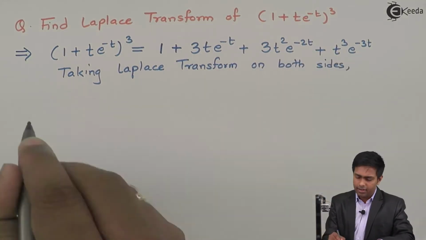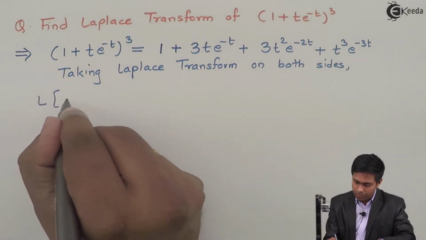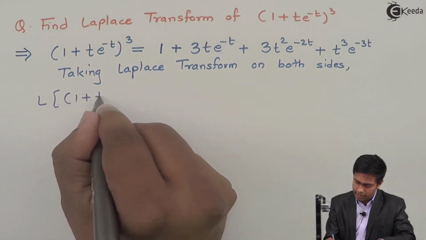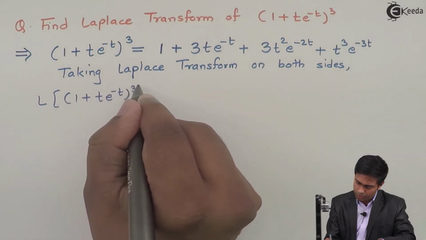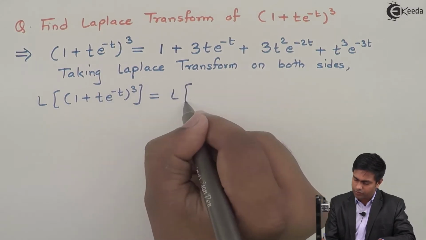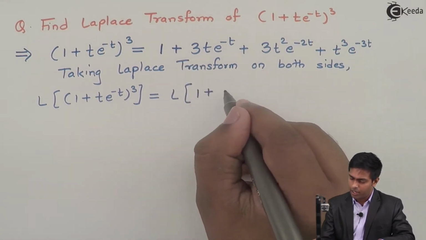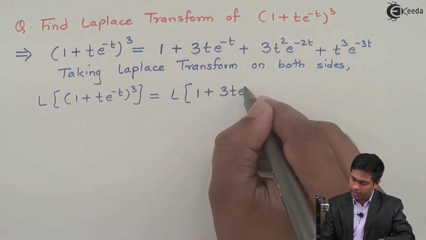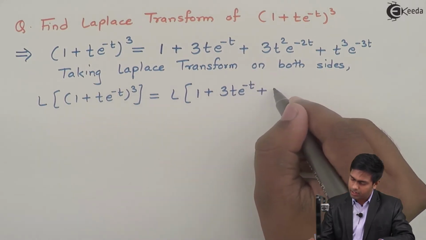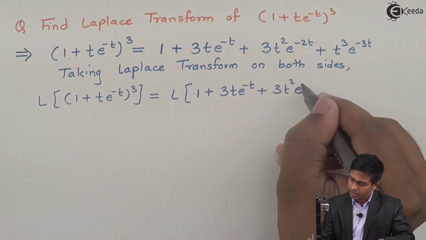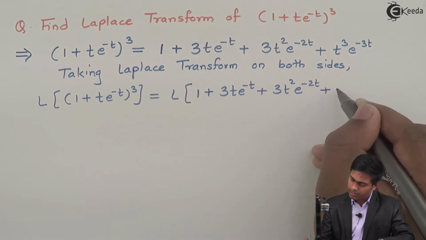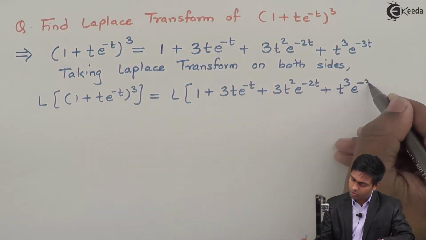So we will get Laplace of (1 plus t e raised to minus t) the whole cube is equal to Laplace of this right hand side, that is 1 plus 3 t e raised to minus t plus 3 t square e raised to minus 2t plus t cube e raised to minus 3t.